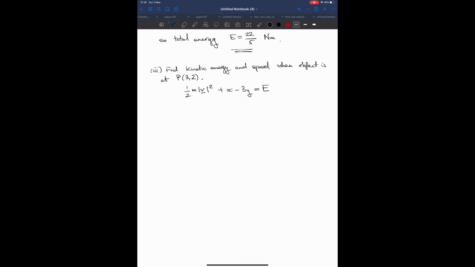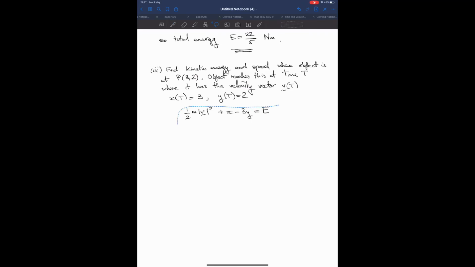So the object, or particle, reaches this at time capital T, where it has the velocity vector V of capital T. And it has the position, x of capital T is of course 3, because that's the position at the point, and y of capital T is 2.